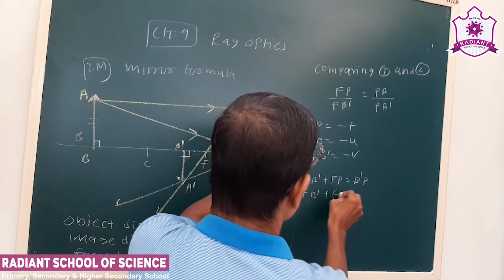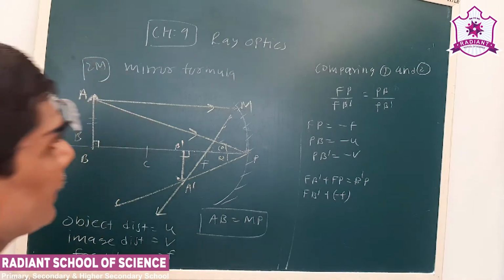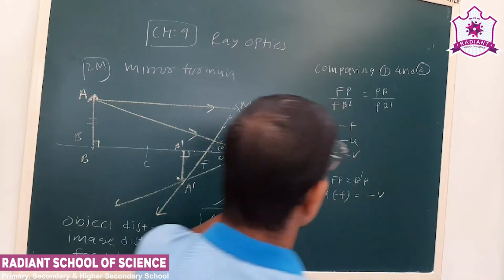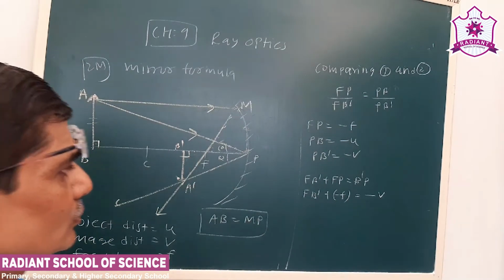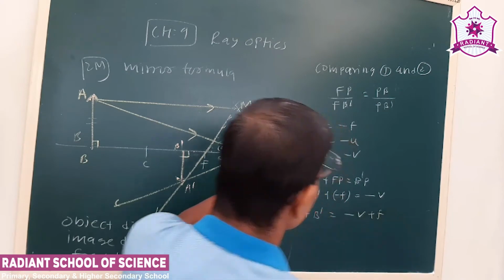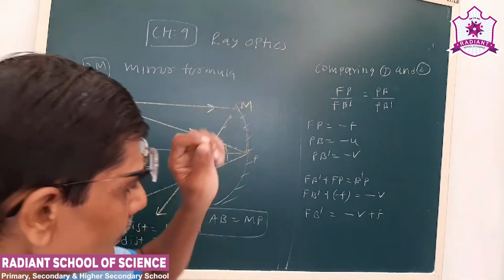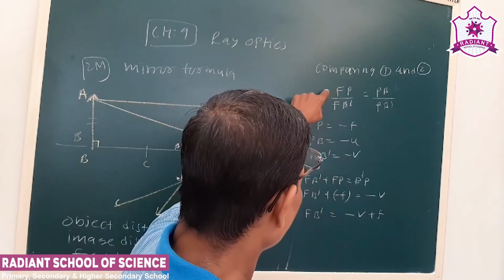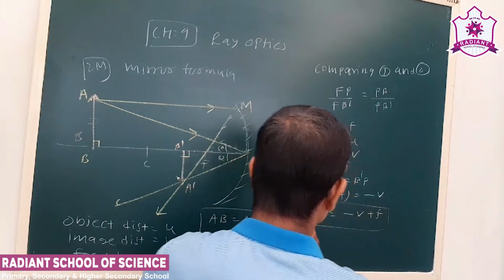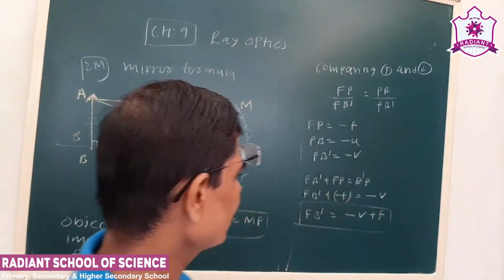FP is the focal length, minus F, and B'P is the image distance, that is minus V. So FB' will turn out to be minus V plus F. Now we have got all four terms. FP is minus F, FB' we have obtained, PB' is the image distance and PB is the object distance.